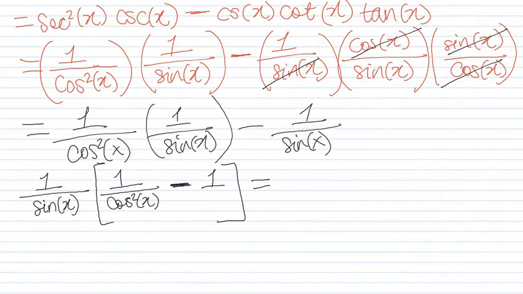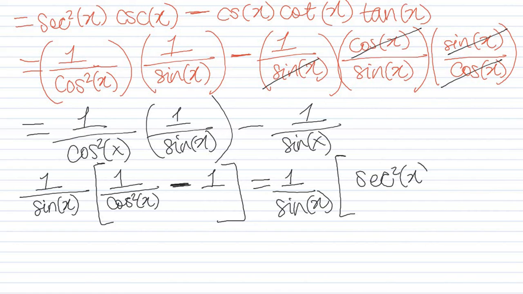Since we know that, with the 1 over sine x that we brought out, we can have this information here as just secant squared x minus 1. So we have that, right?